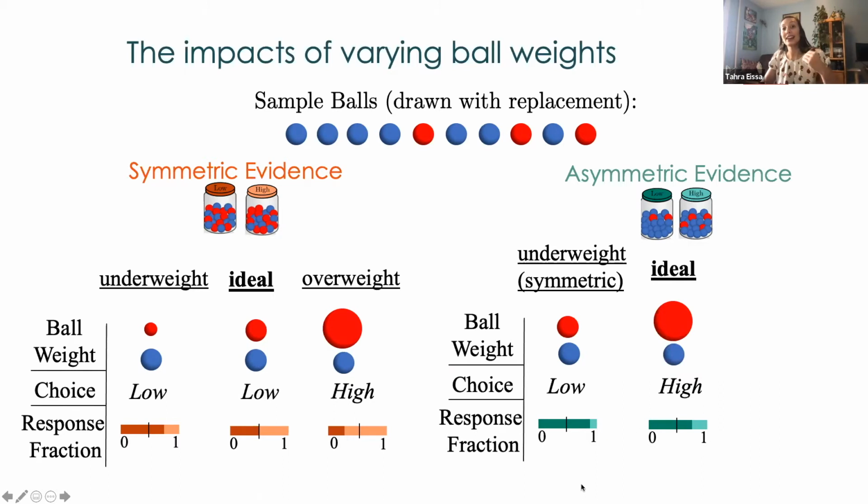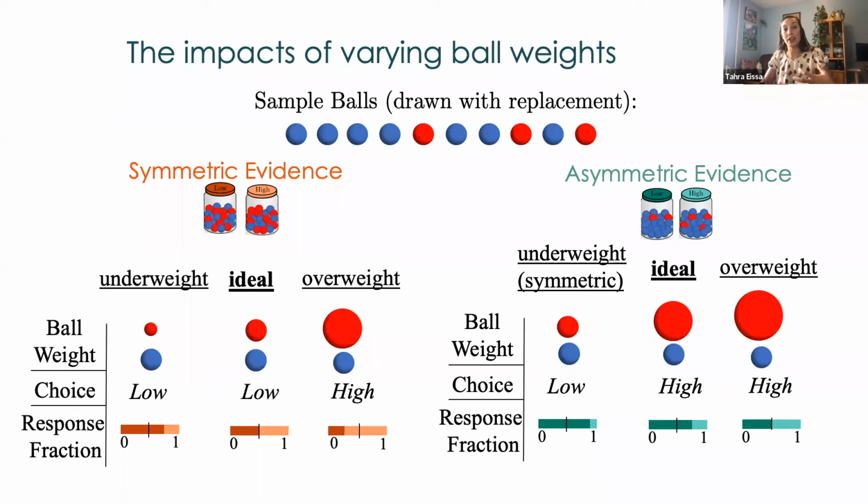Here, the ideal is always to have the red ball weigh more than the blue ball, which gives us that choice asymmetry from the last slide. And again, if we overweight that, we can actually shift back towards our prior.